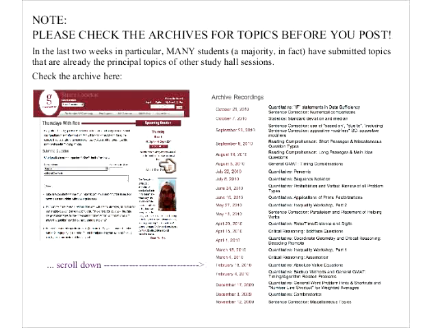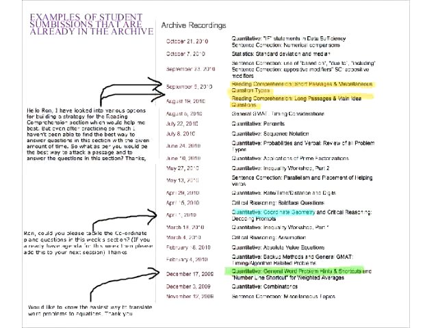If you go to the Thursday Study Hall page, then what you will see is a list of archived recordings, and it lists all the topics of the previous recordings. In some of the old recordings, I said that you should email for this list. Now this list is posted. So in particular, here are some submissions that people sent in the last couple of weeks that are already on there. One person said this.